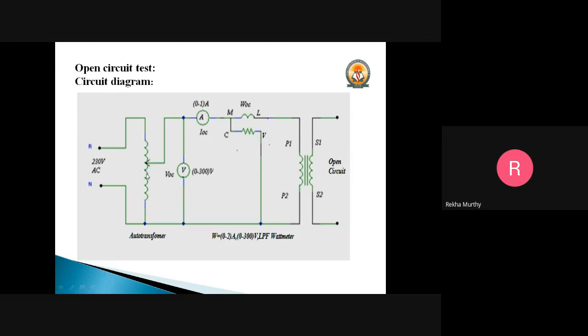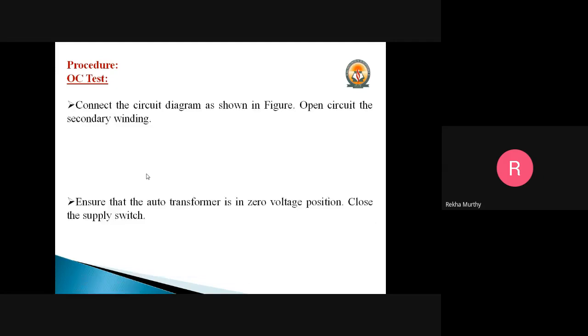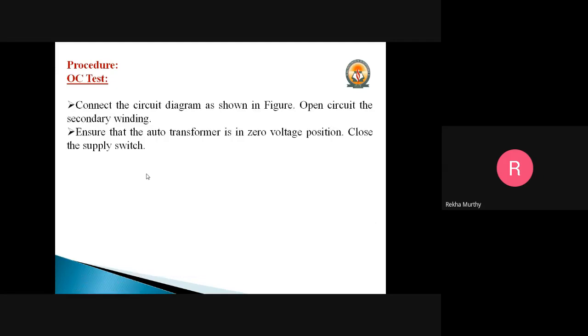Vary the auto transformer till the rated voltage, that is 230 volt, is applied to the primary winding. But when we conduct this test on the bench, we will not be provided with 230. Instead, we are going to make use of a 50% tapping, which will lead to 115 volts. So we have to go for 115 volt at the primary side.